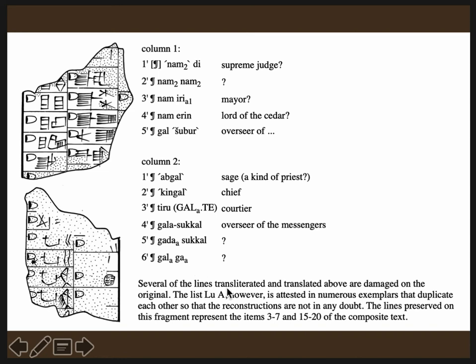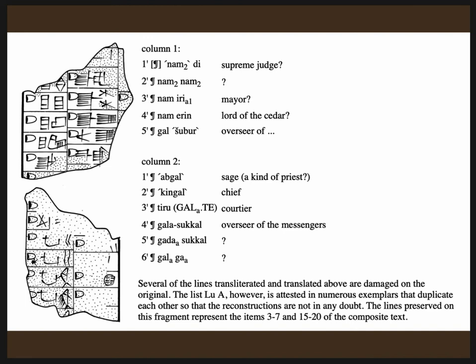The reason why these standard profession lists are important is because they show that there's a hierarchy within the Uruk system, right? That is, you have different levels within all of these different sectors of Mesopotamian society. In the administrative sector, you've got a hierarchy. In the temple, you have a hierarchy.